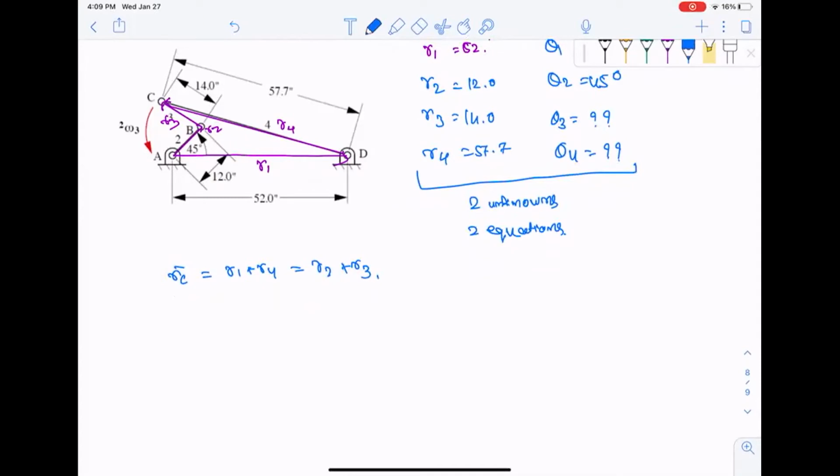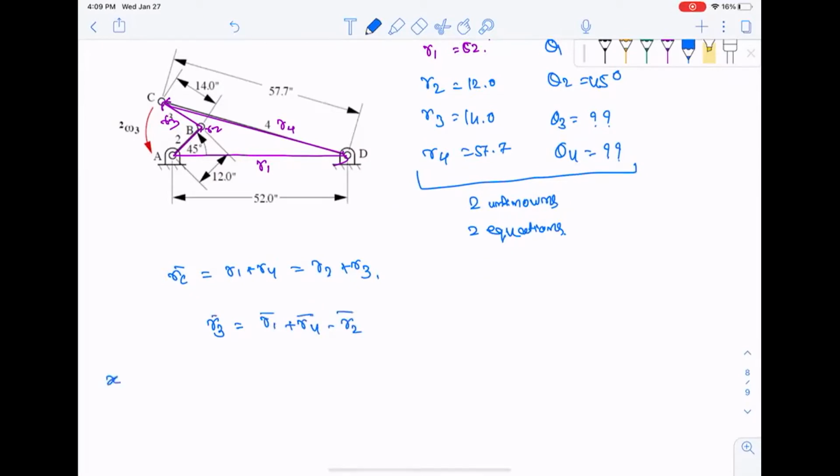Now I have unknowns theta 3 and theta 4. So what we can do is bring R2 to the left hand side. So R3 finally will look like R1 plus R4 minus R2.